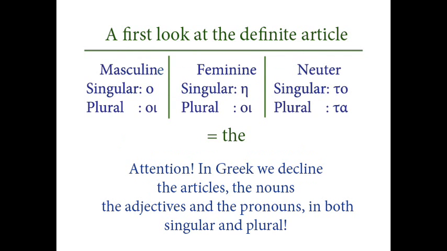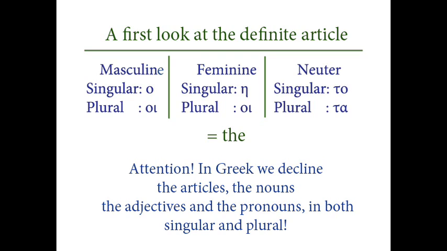So, what we've got here? Here we have the definite article. Not the whole thing, because in Greek, if you want to know the whole definite article, you need to know 18 different words. Yes, 18. That's because in Greek, we decline the articles, and of course the nouns, the adjectives, and the pronouns, depending on their function in the sentence. We will talk about it in later lessons.